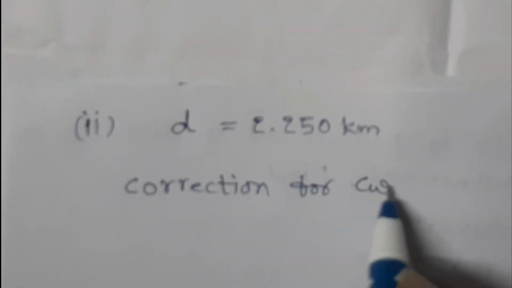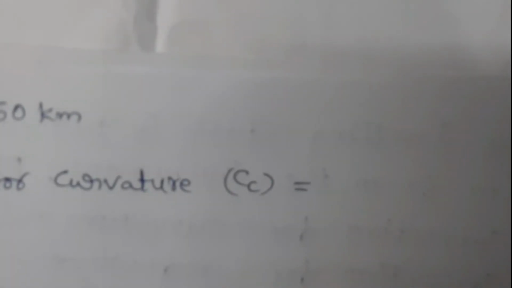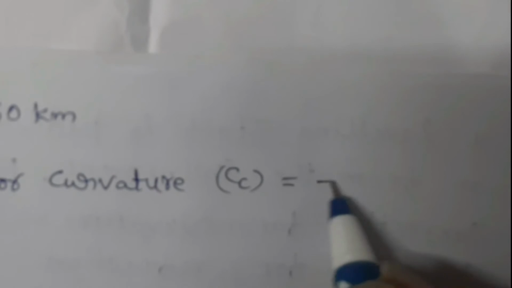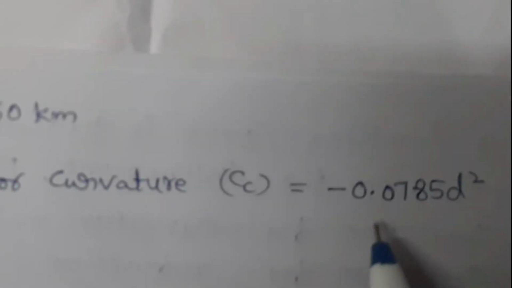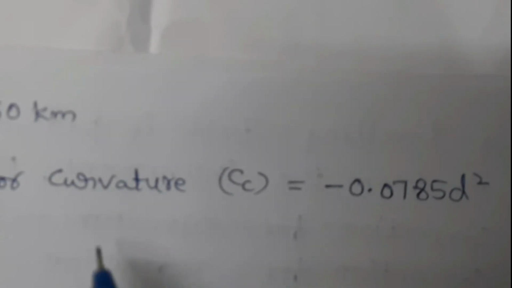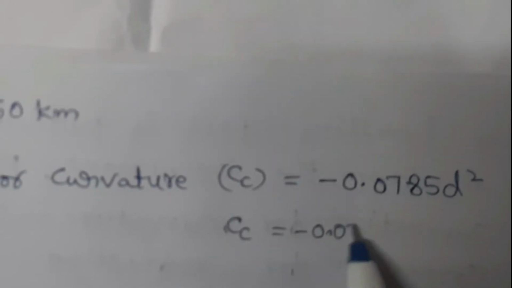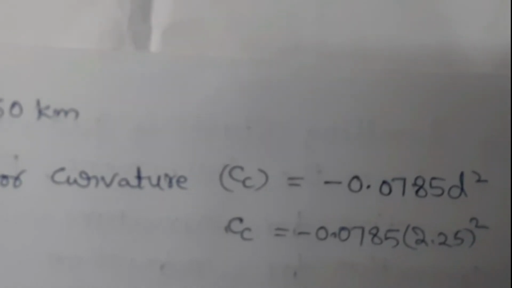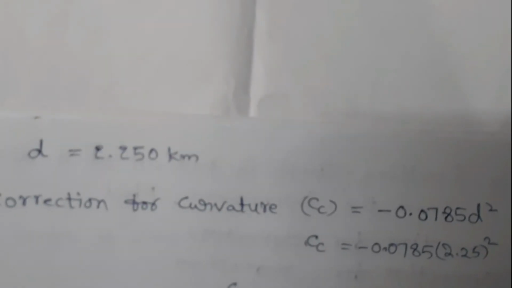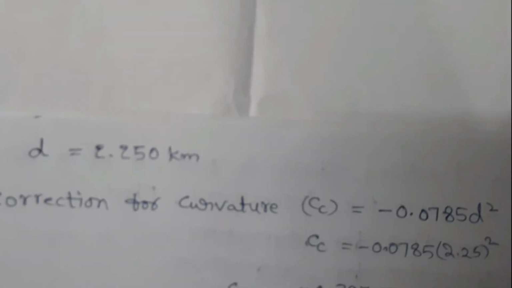Correction for curvature is equal to minus 0.0785 d square, where d is the 2.25 kilometers. Minus 0.0785 into 2.25 whole square. Therefore, Cc is equal to minus 0.397 meters.